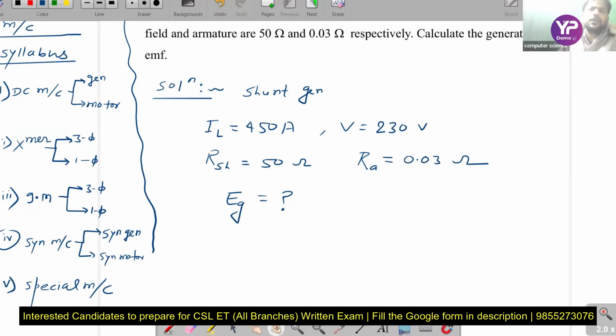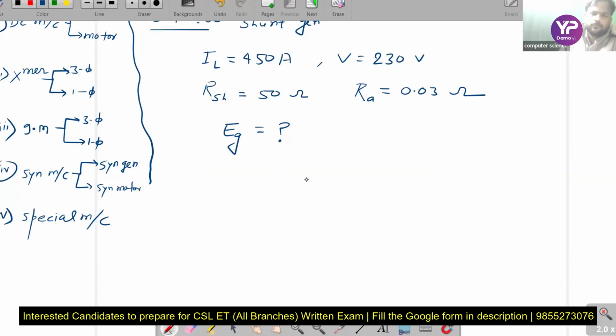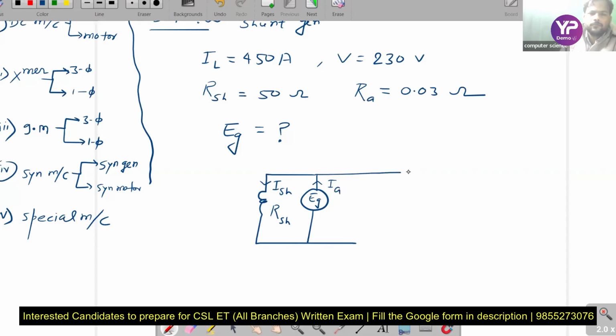First of all, we draw the electric circuit of the shunt generator, where V is the voltage across the load or terminal voltage, EG is the generated EMF, IA is armature current, IL is load current or terminal current flowing through the load, and ISH is shunt field current. Here we need to find EG.